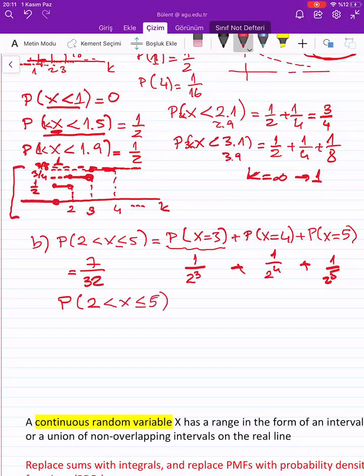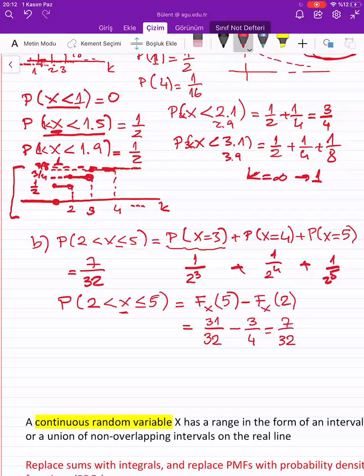If we are talking about a probability being between 2 values, it is equal to the cumulative distribution function at 5 minus the CDF at 2, which is equal to 31/32 minus 3/4, which is equal to 7/32. Okay, so how did we determine this?